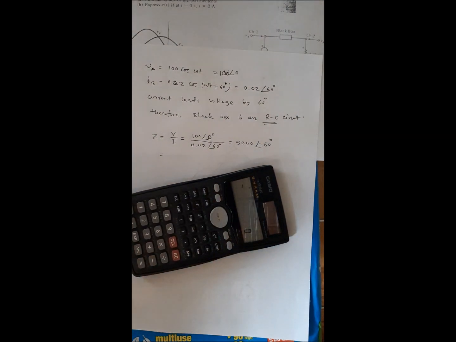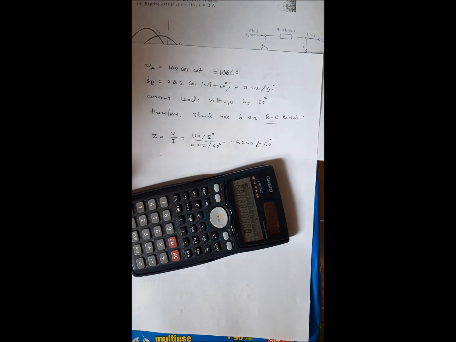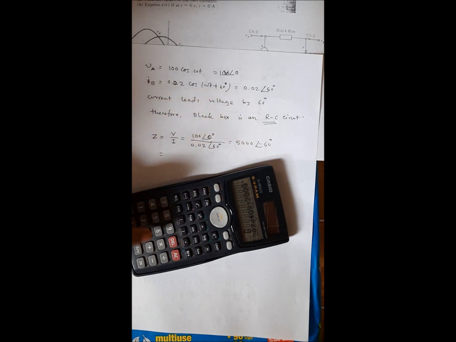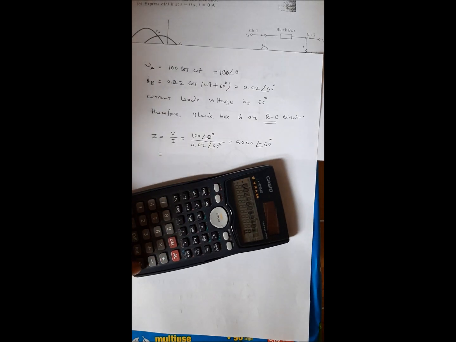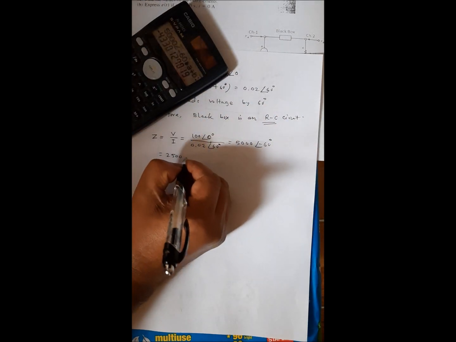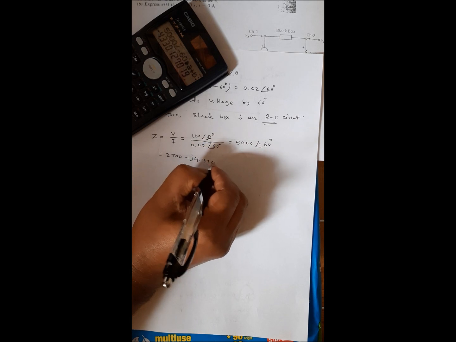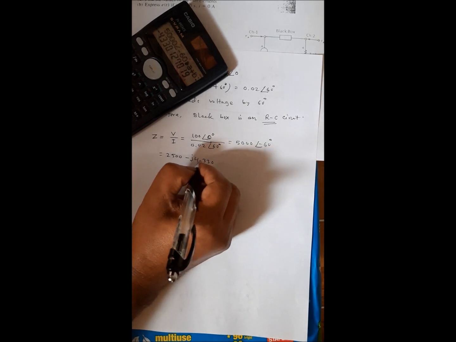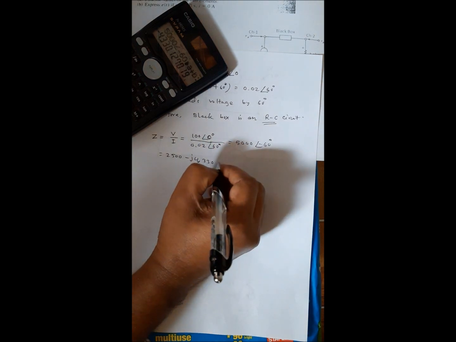Now you can find it in rectangular form. So the polar form is 5000, shift angle negative 60. Now the rectangular form will be 2500, and the imaginary part is j 4330 ohms.